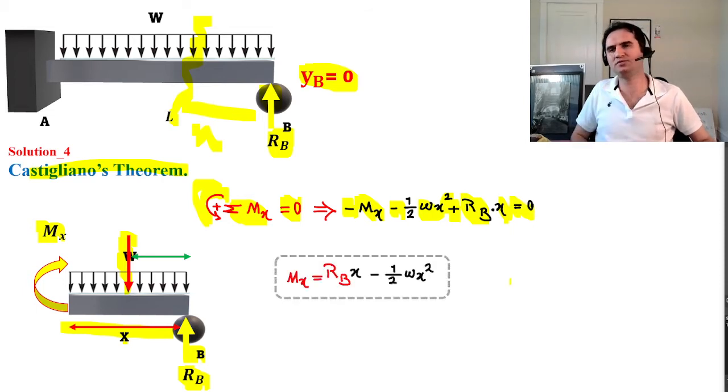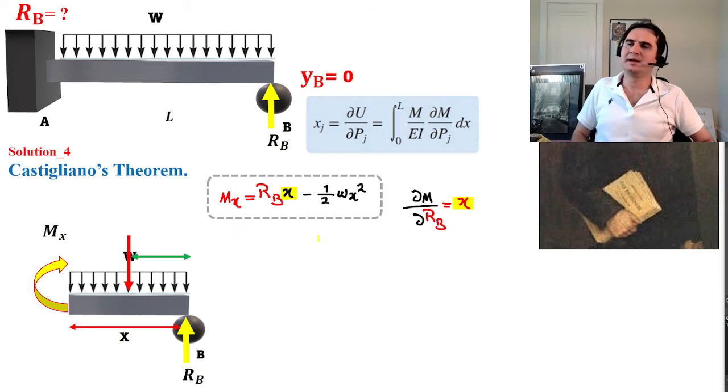That is the moment equation: M equals RB times x minus a half of wx squared. As soon as we have the moment equation, Castigliano's theorem says the partial derivative of U over the partial derivative of RB.